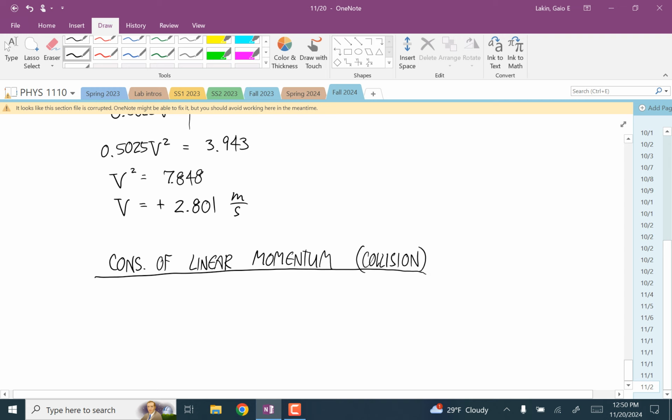And what we have is, before the collision, we have the mass of the bullet, so 0.005 times some velocity v0, plus the mass of the block times its velocity before the collision, which is 0, it's just hanging there.